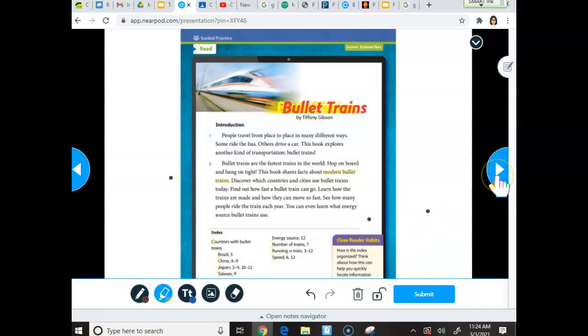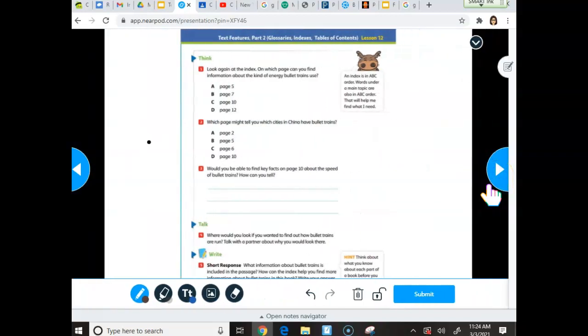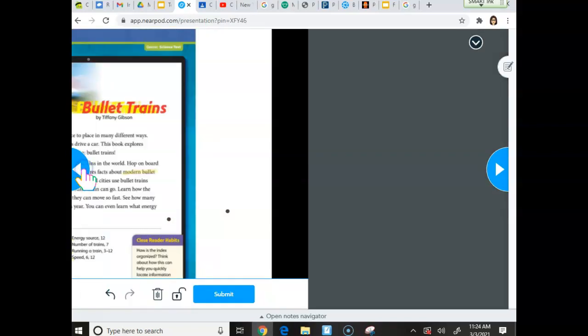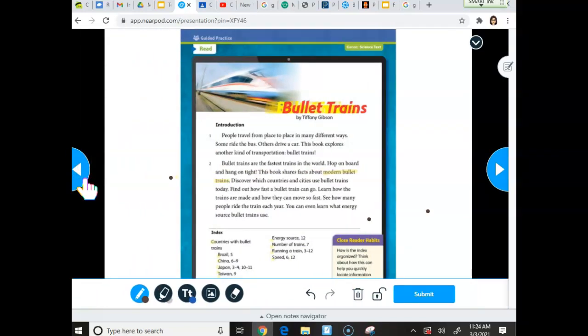Okay, now let's look at the next page. All right, it says look again at the index. On which page can you find information about the kind of energy bullet trains use? All right, the kind of energy bullet trains use. Where do you see that at?